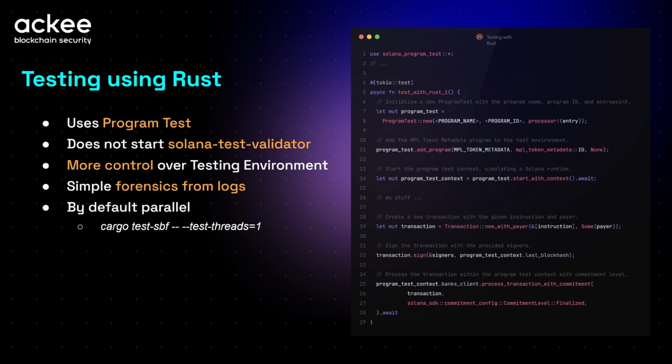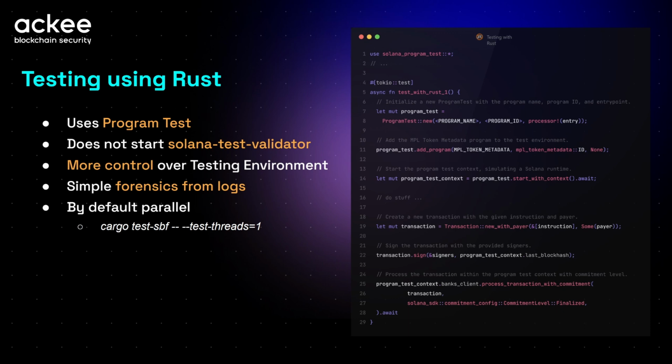But that's, I would say, the second approach you can use for testing using Rust. But I think the Anchor client actually starts the Solana test validator under the hood, so it's quite a different approach, I would say. I think it's something like the TypeScript tests, but written in Rust.